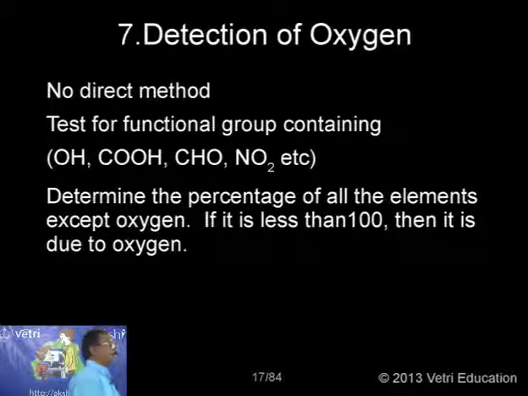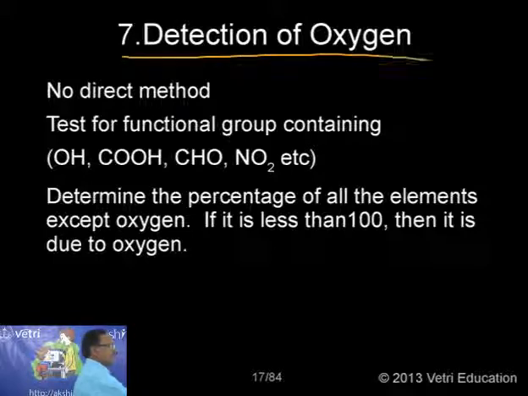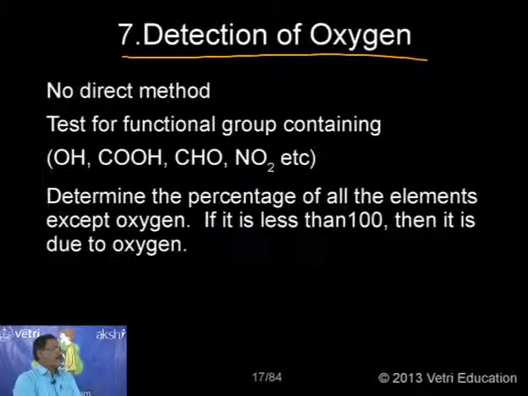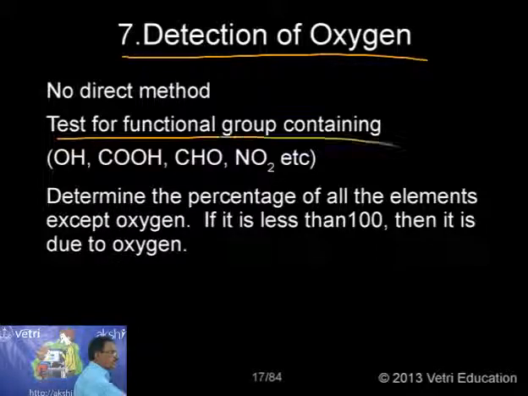Okay, next one: detection of oxygen. Normally, oxygen is not detected directly because it is very difficult, since even the entire atmosphere contains oxygen. So there are different ways we trace it. One is to test for functional groups containing oxygen. What are the functional groups? Alcoholic group OH, acid group COOH, aldehyde group CHO, nitro group NO2, etc. We test, and if they answer, then we say oxygen is present.